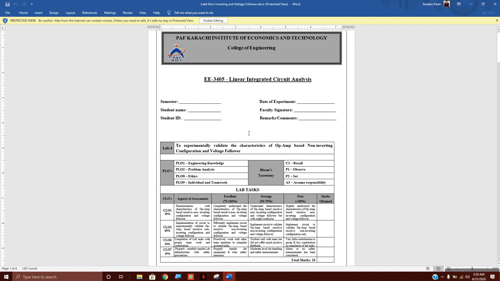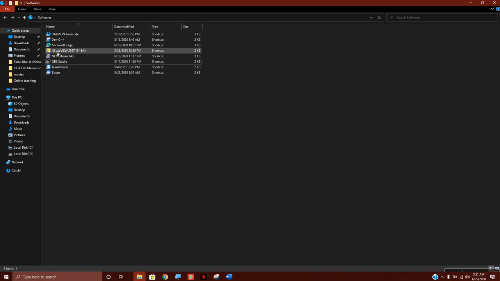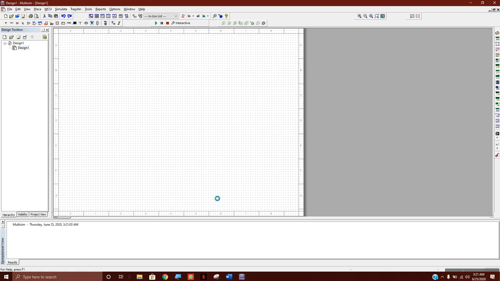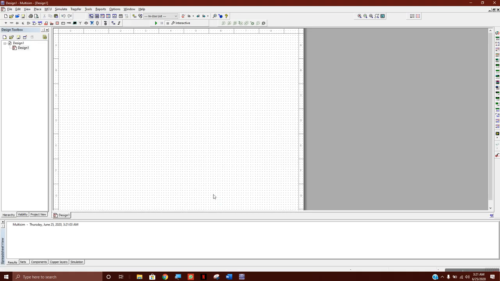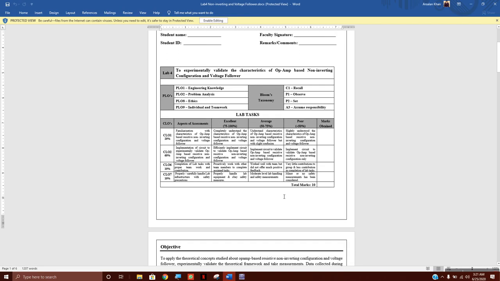Now, let's come over to Lab number 4 and work out what a non-inverting configuration is and what a voltage follower is. First of all, let me just open this. So here we go. As I taught last time, I also told you the configurations and applications of the non-inverting amplifier.